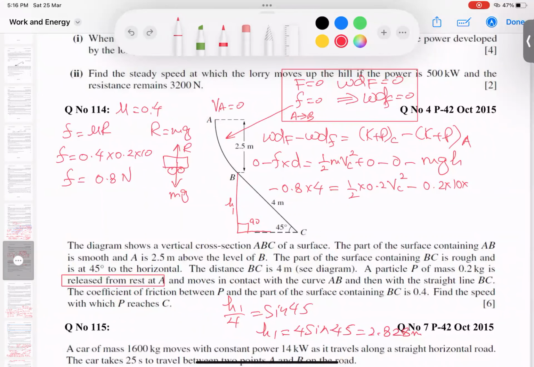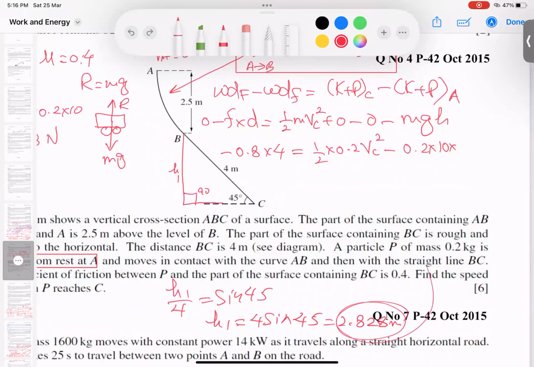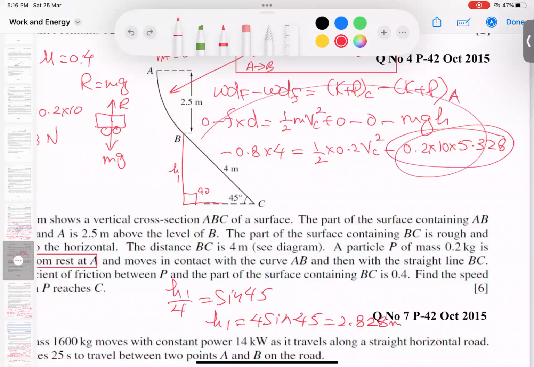The total is this 2.828 plus 2.5. If I add this 2.5, the answer turns out to be 5.328 meters. So this is the total height I need to find, 2.5 plus h1. I hope now you can get it easily. So I'm just bringing the whole thing here.